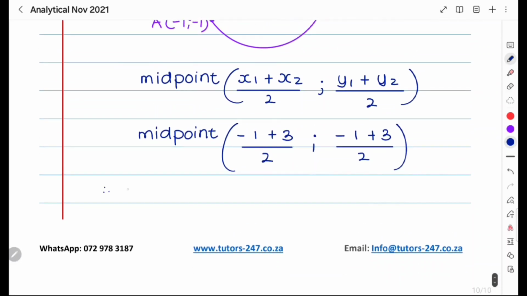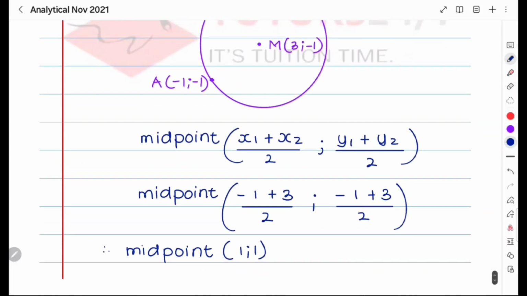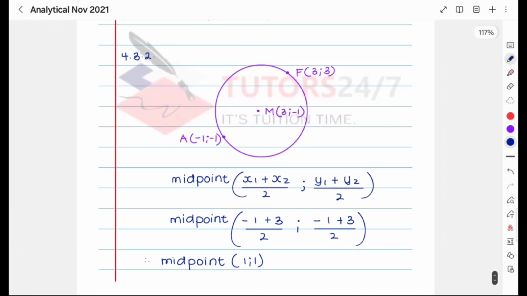From here, we can therefore state that the midpoint of AF is 1 and 1. So that is it. That is the midpoint of the line AF. So that is question 4.3.2. All you needed to do was determine the coordinate of F. Once you found the coordinate of F, you just needed to use your midpoint formula and you are done.